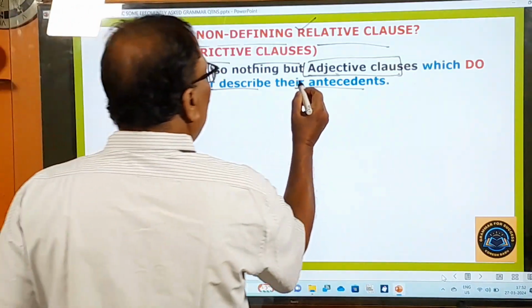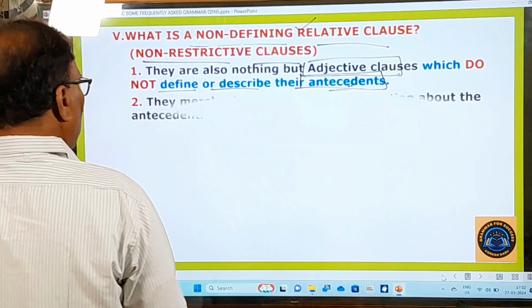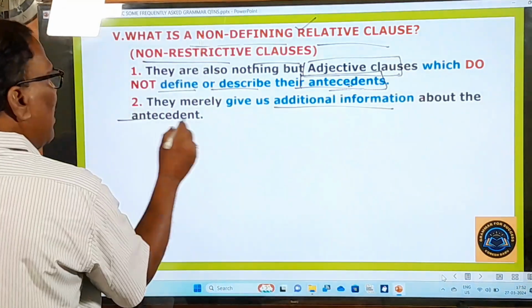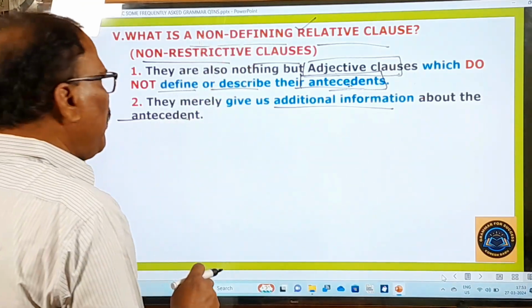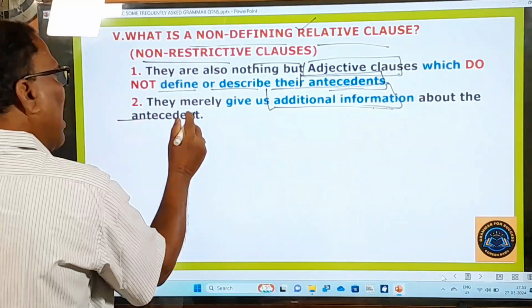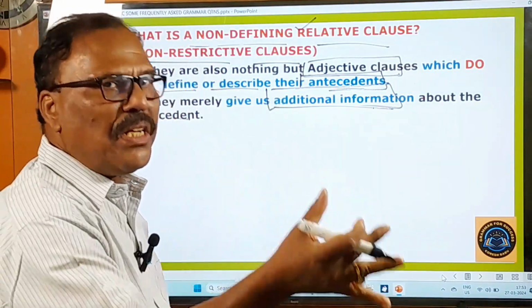Important, the next point is they merely give us additional information about that particular antecedent. They give only additional information.